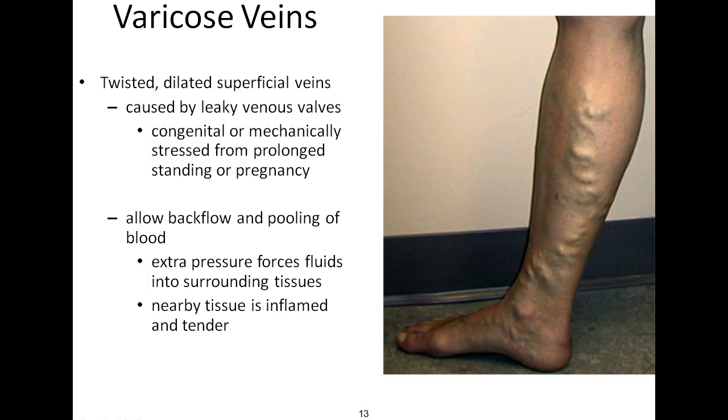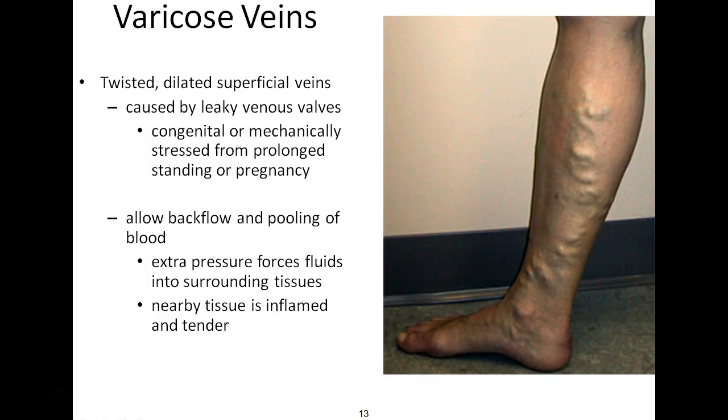This could be from a congenital defect inherited genetically, or it could be physically induced because of prolonged standing or perhaps pregnancy. What we're seeing in this image is pooling of blood. The lack of valve function causes blood to pool in one area.